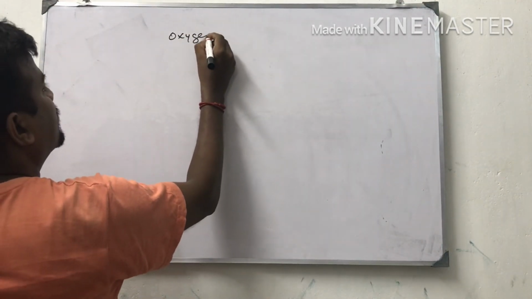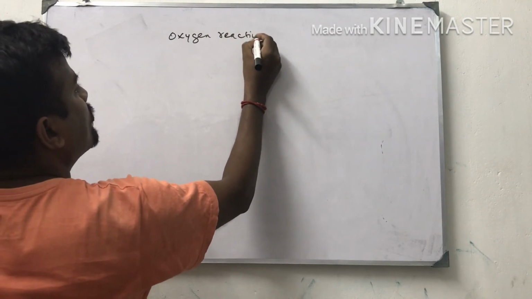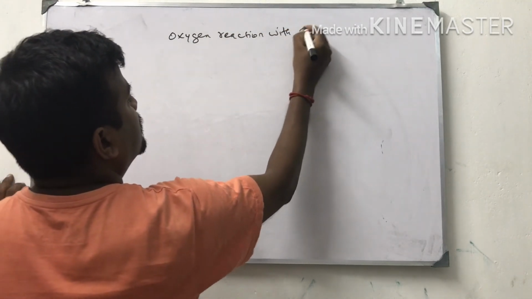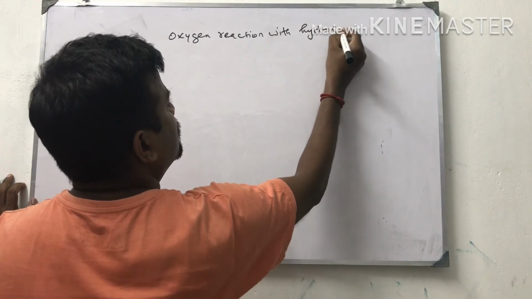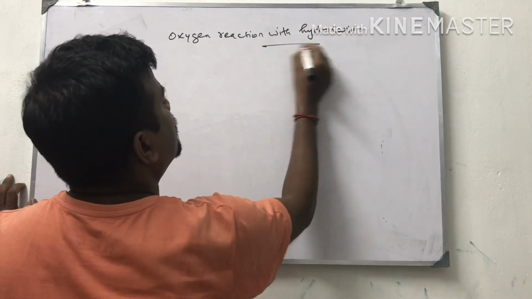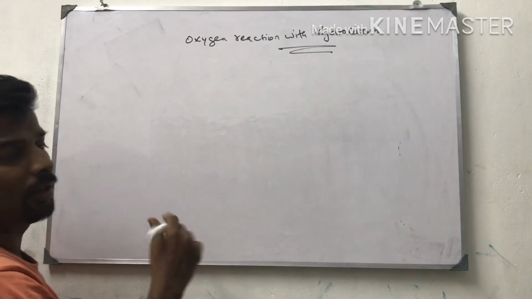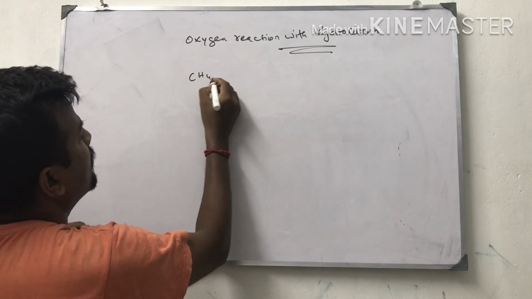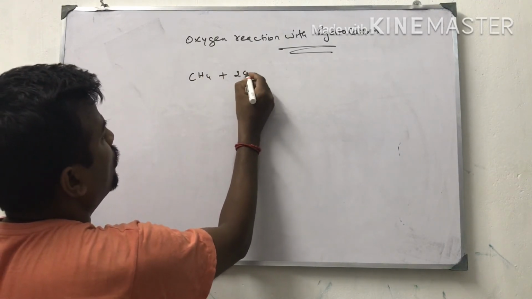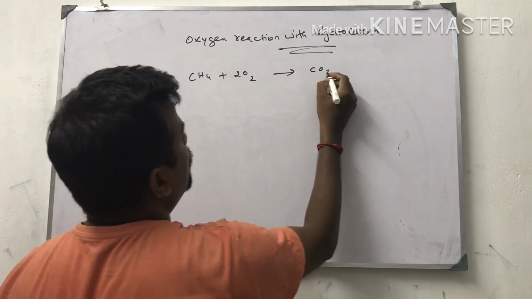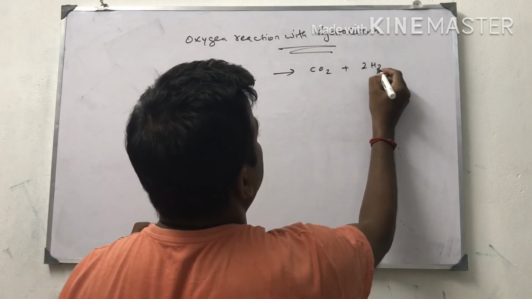Oxygen reaction with hydrocarbons. This is also an important reaction. We have already discussed methane plus 2O2 gives CO2 plus 2H2O.